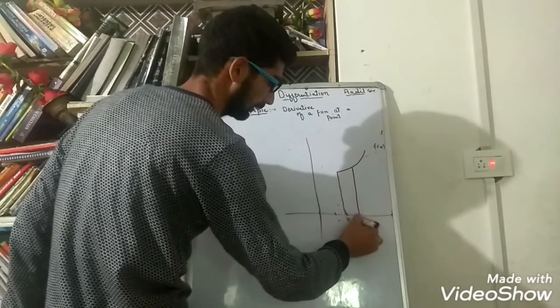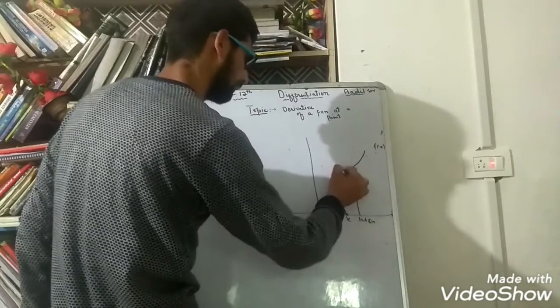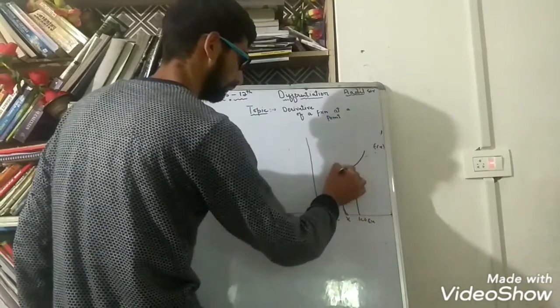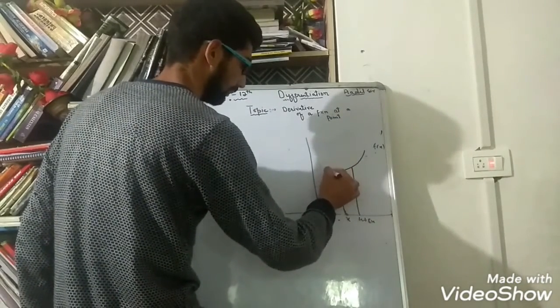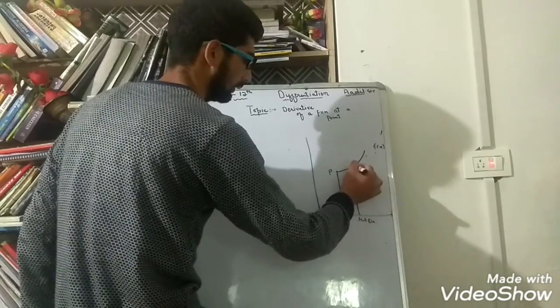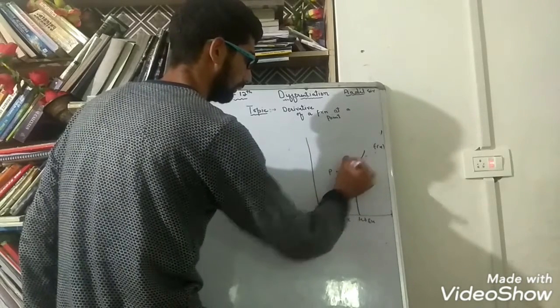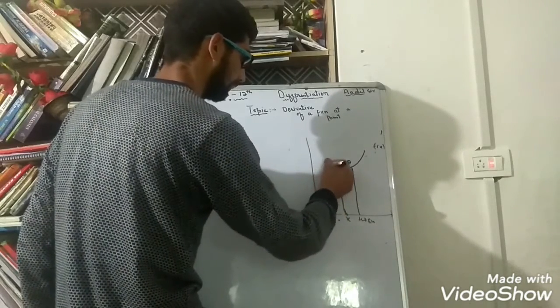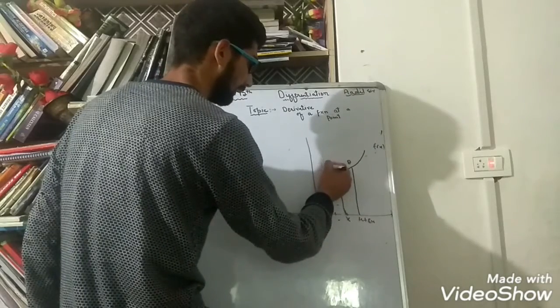This is my x plus del x. This is my p and this is my q. So here the coordinates of p I am taking as x, f of x.